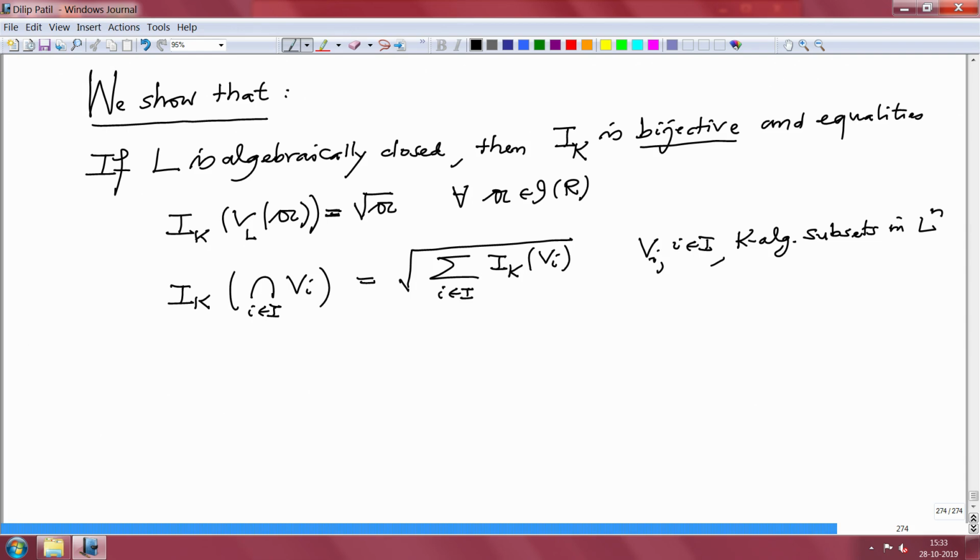So this is the main point, here also, the first equality.